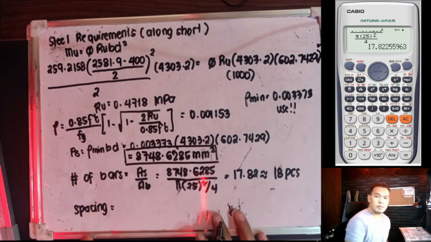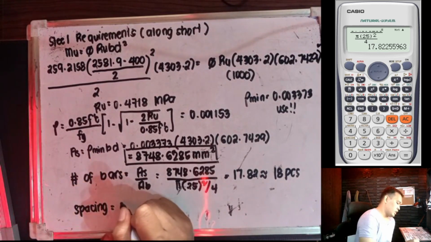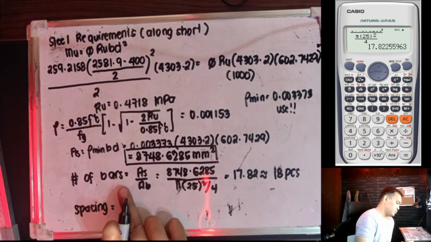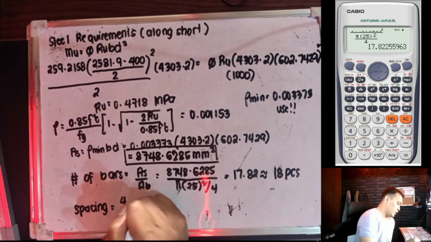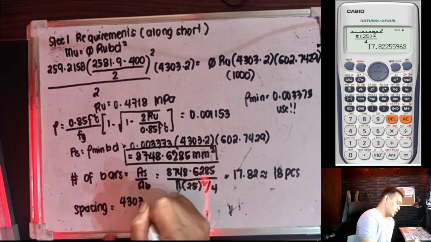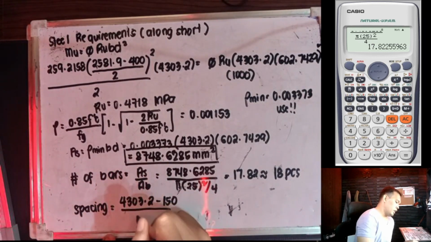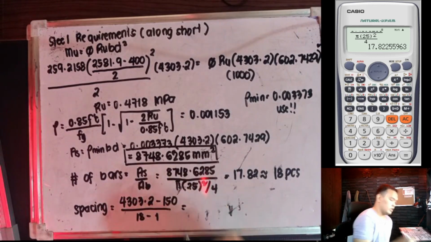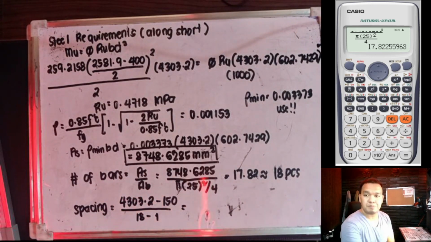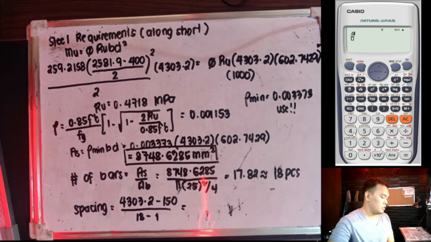Then for the spacing, is equivalent kay 2, 4,303.2 minus 150 all over 18 minus 1. So the spacing will be 4,303.2 minus 150 divided by 17.